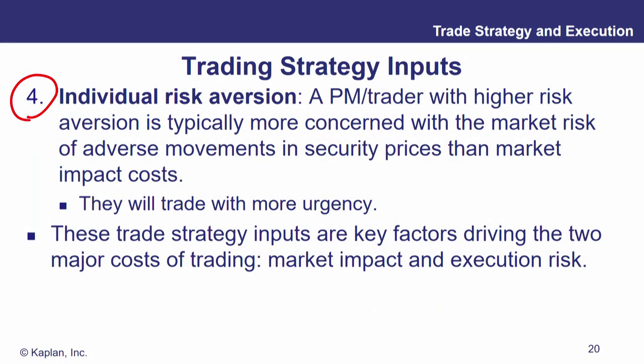Okay, individual risk aversion. This really gets down to the portfolio manager and trader, their individual view. So a portfolio manager or trader with higher risk aversion is typically more concerned with market risk of adverse price movements. Okay, so they're going to trade with more urgency. So what are they actually doing?